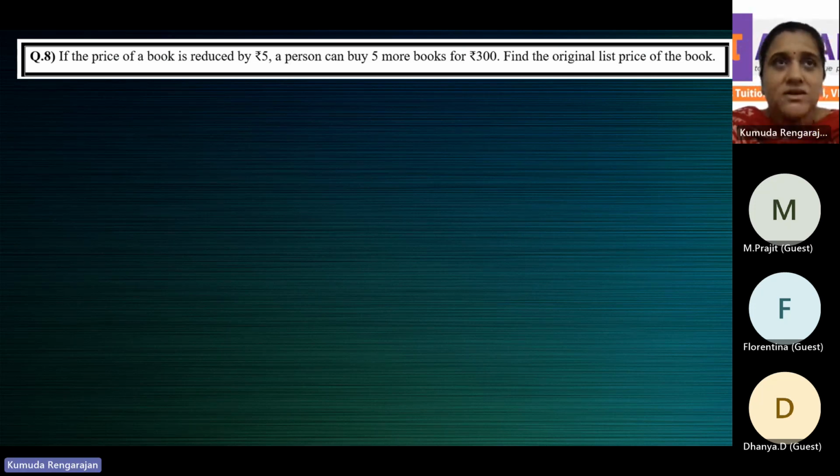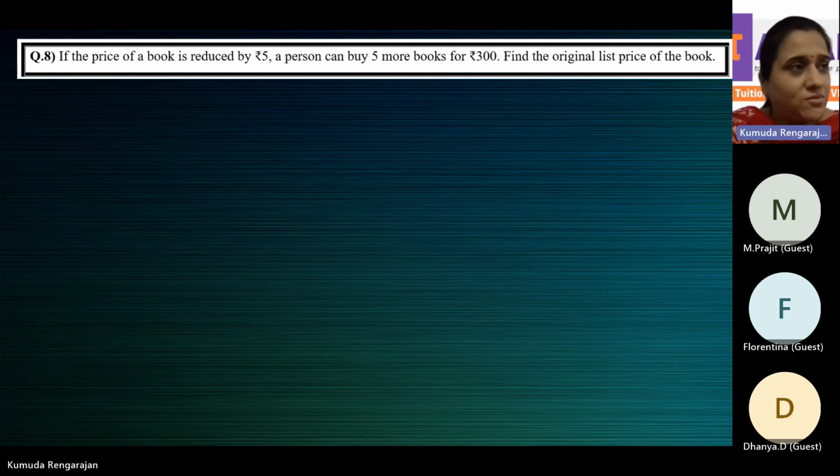That means that person has 300 rupees in his pocket and he wants to spend all this money in buying books. We don't know the price per book. If the price is reduced by 5 rupees, then he can buy 5 more books. That's the situation. So the difference in the number of books that can be purchased is 5.